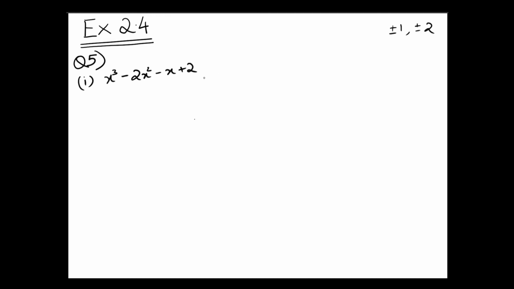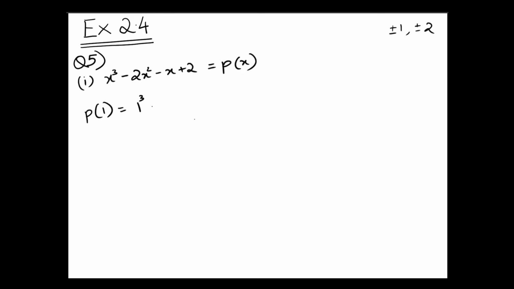What we're going to do is a hit and trial, and we're going to see if any of these 4 numbers can be used to replace x and get a value of 0. And through factor theorem, we can then find one of the factors. So let this be p of x. Let me try for plus 1 first.